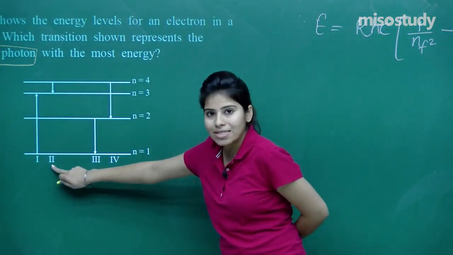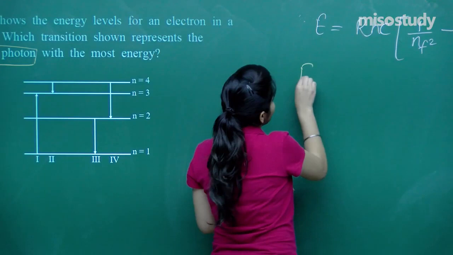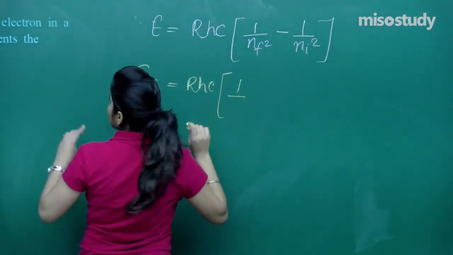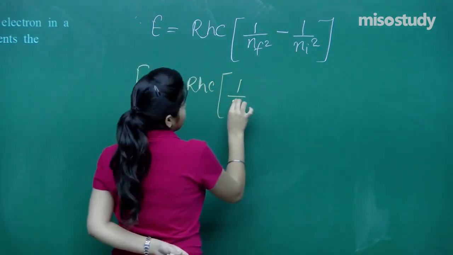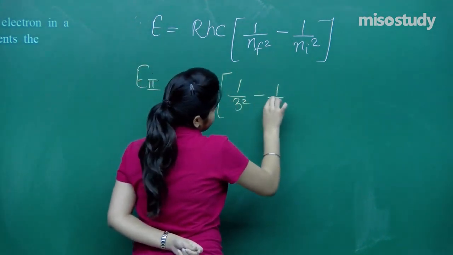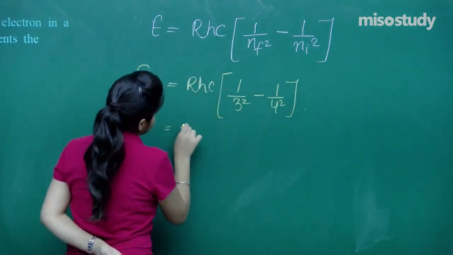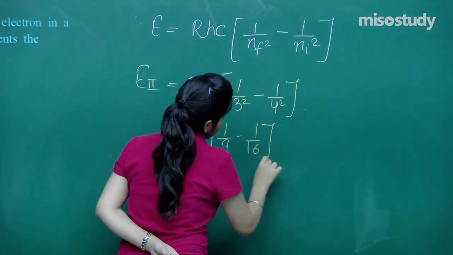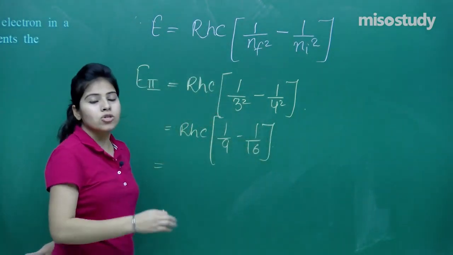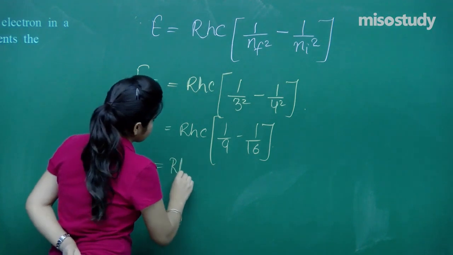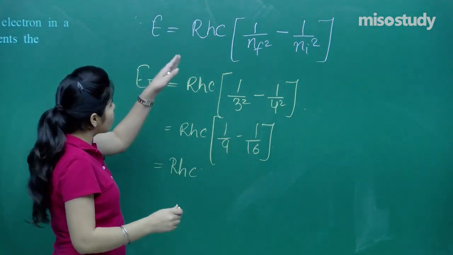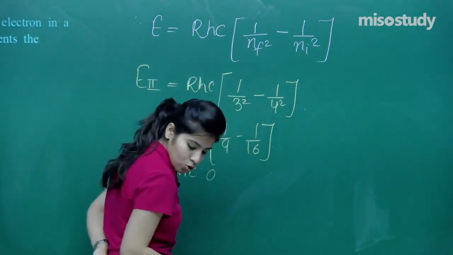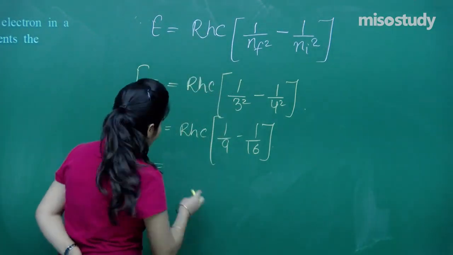So your E2 will be RHC times 1 upon 3 square minus 1 upon 4 square.